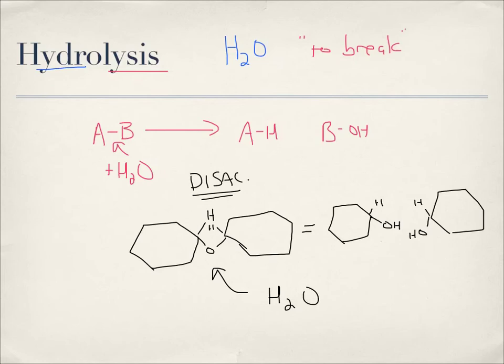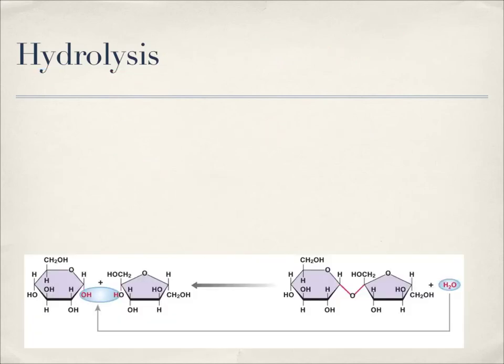So when you eat sugars, when you eat disaccharides or polysaccharides, for your body to be able to use that glucose to make this ATP we talked about, you have to break it into its individual parts. That is through hydrolysis. So let me show you a little nicer drawing. So there it is. This is a disaccharide. So this is sucrose.